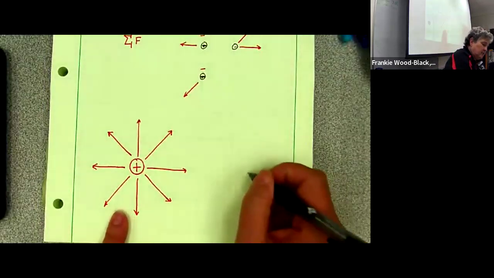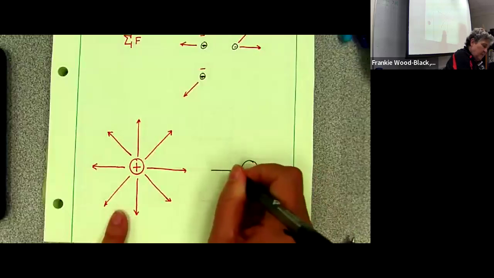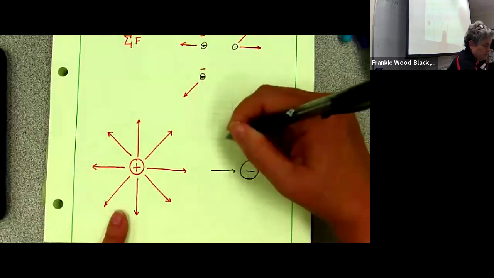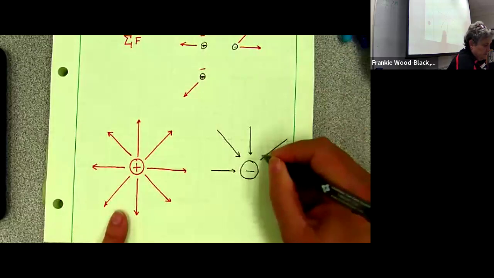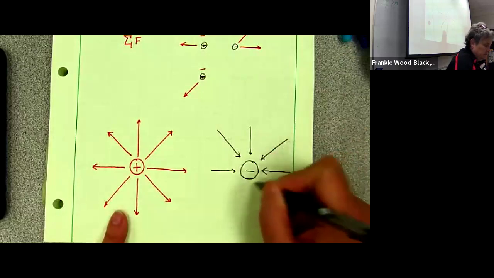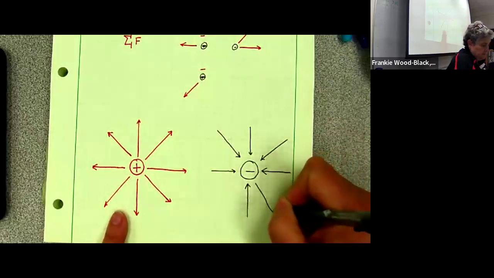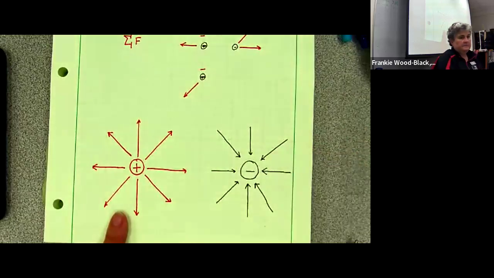And if I had a negative charge, we indicated that my field lines were going to go towards the negative charge.